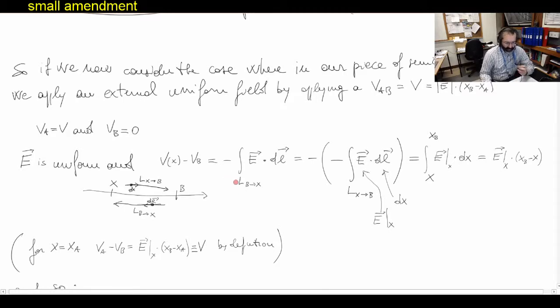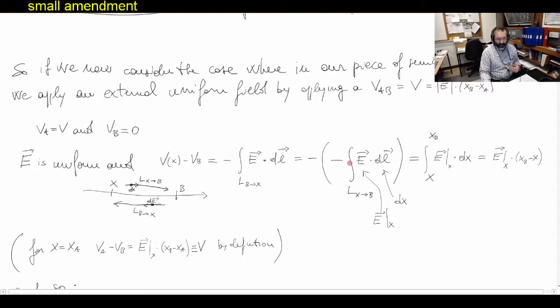So the correct thinking is, by using the definition of voltage, minus the integral over a path that goes from B to X, as I've indicated here, of this quantity. But because this path goes against the x-axis, I wanted to use a path that goes in the right direction of the x-axis. So I want to use this path L that goes from X to B. If I invert the direction of the path, I need to change sign to the entire integral, remember.